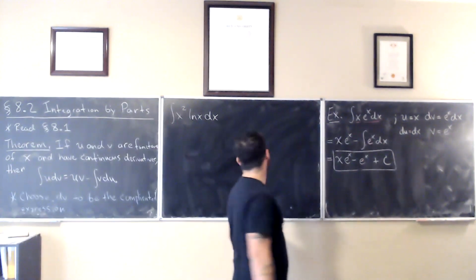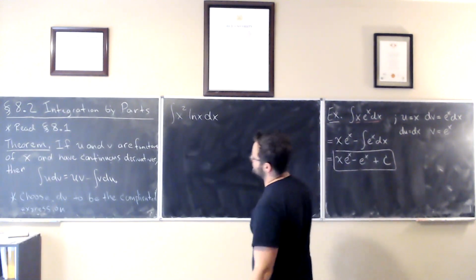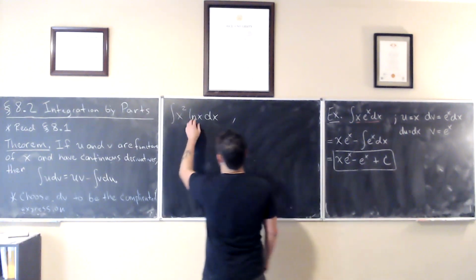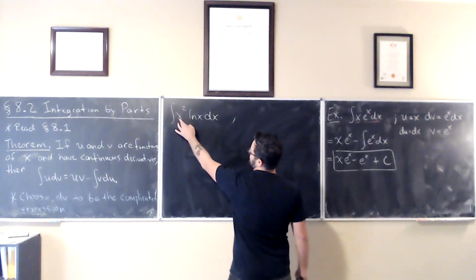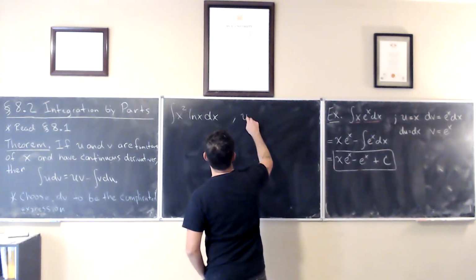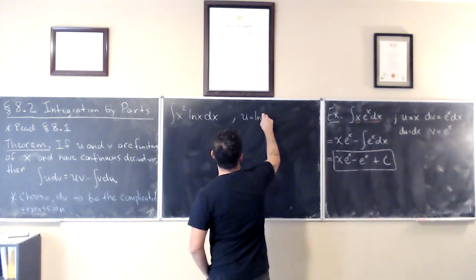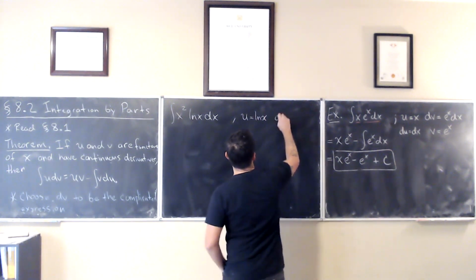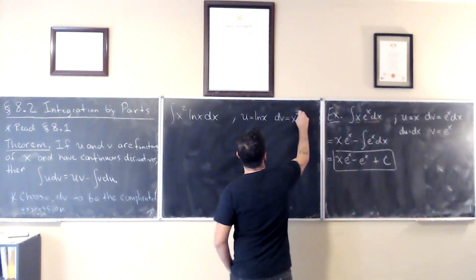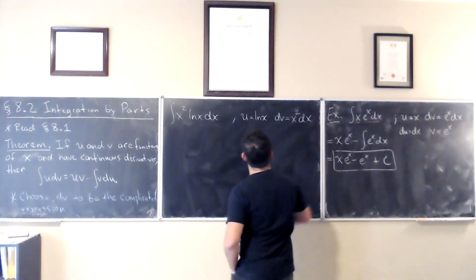So I immediately have a choice to make. I know how to take the derivative of that, and to integrate x squared dx doesn't seem too bad, so maybe I can choose u to be natural log x and dv equal to x squared dx.